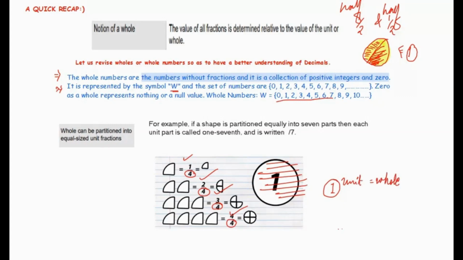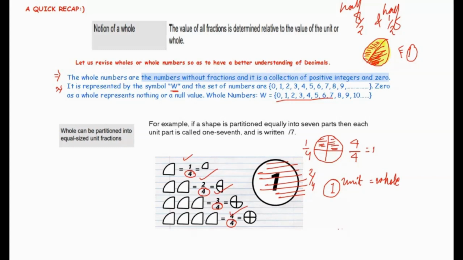If I divide this circle into 4 equal parts, then this circle is 4 by 4, that is 1. Those equal parts will be taken as 1 by 4, and if I take two parts together, then it is 2 by 4. If I take three parts together, then it will be 3 by 4.